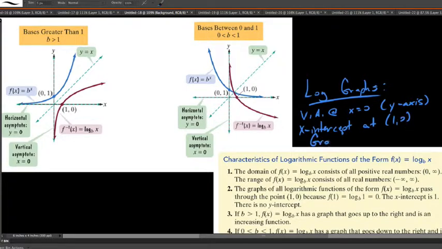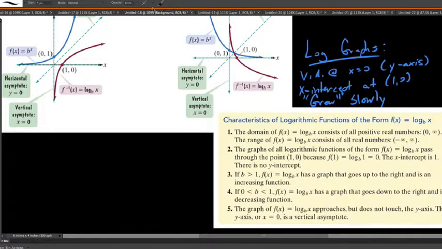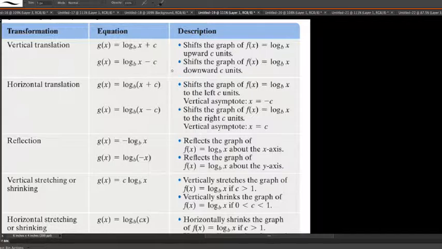And they grow, and I say this loosely, they could decay. They grow slowly. They don't grow very quickly. This table breaks down what you see there, if you want to pause and read through it. But going forward, we're going to be sketching transformations of log graphs as we do with any other function. Cheers.